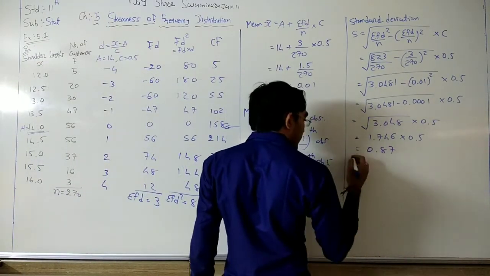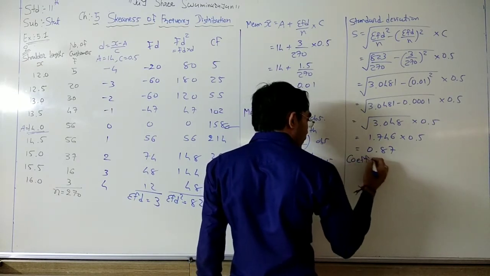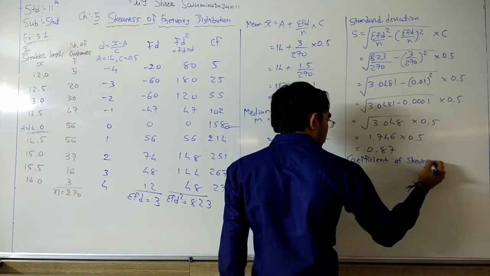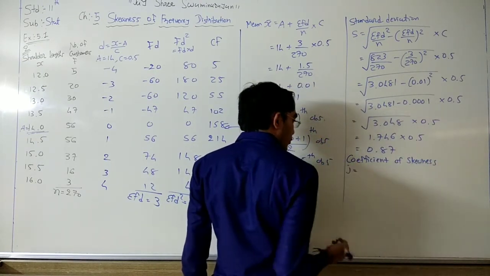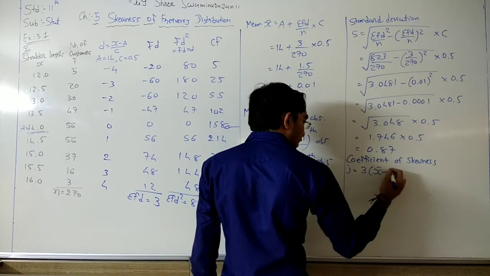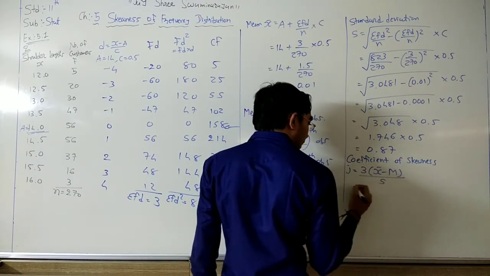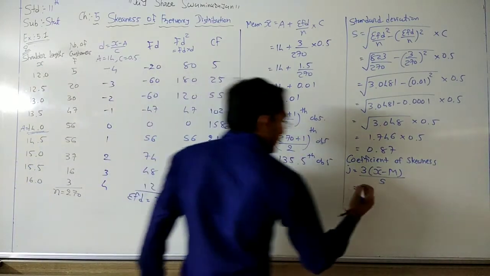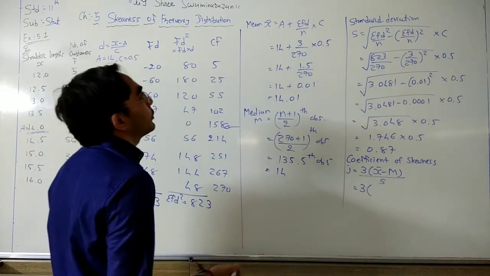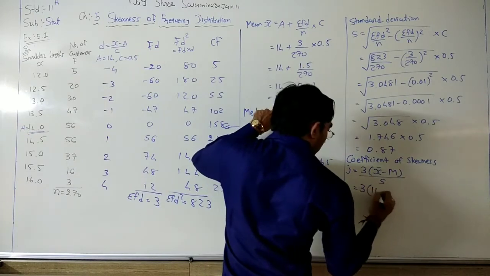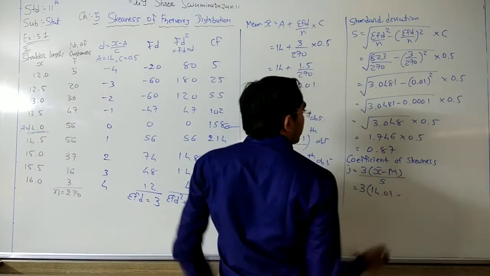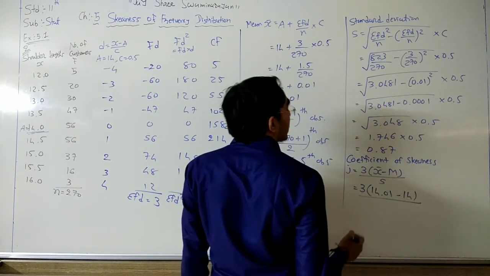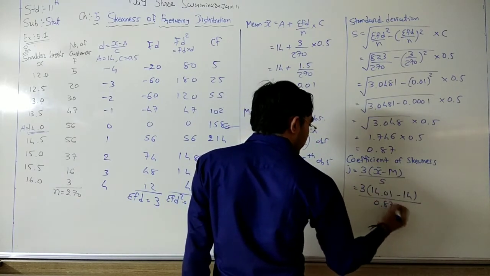Now we can find the coefficient of skewness, which is equal to 3 multiply x bar minus median, divided by standard deviation s. Now 3 multiply x bar, that means mean, that is 14.01, minus median, it is 14, and divided by standard deviation s, 0.87.